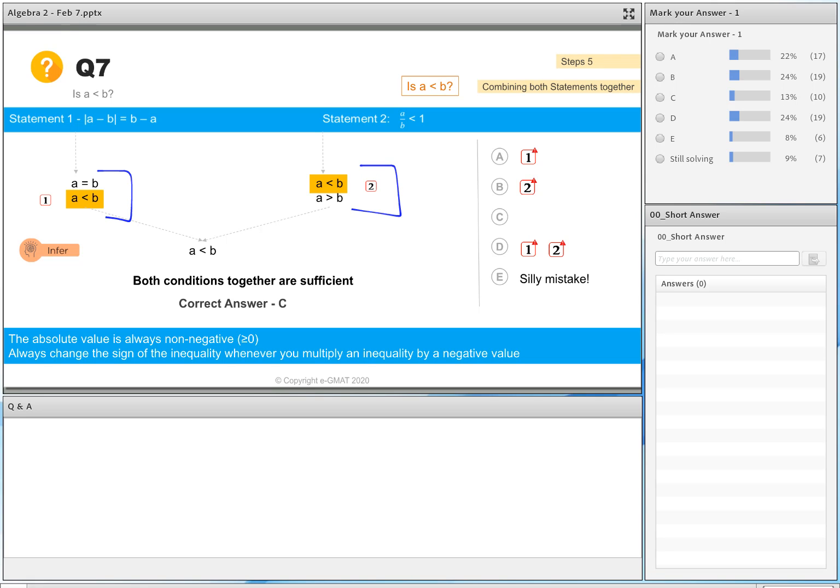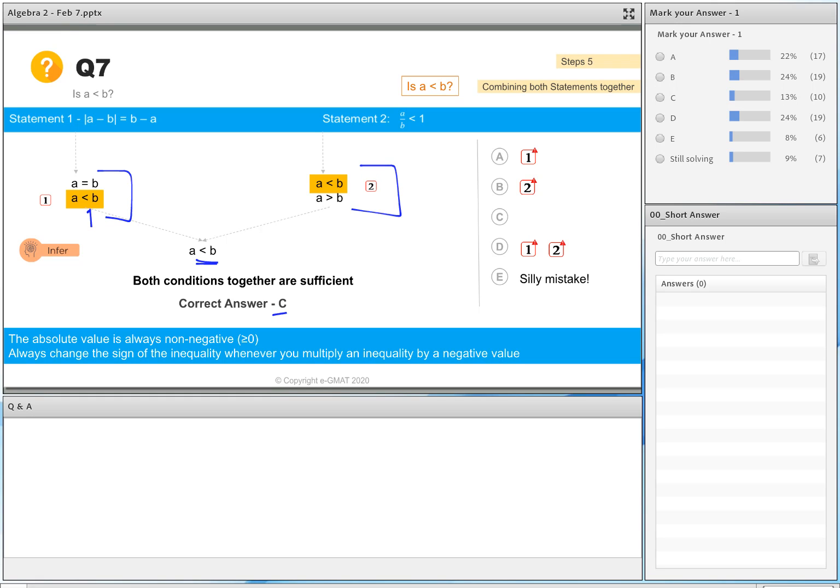When you combine both the statements, which is that common region? The common region is marked in yellow, where we have a less than b in both the analysis of the statements. So since we can answer whether a is less than b or not, the combination of two statements is sufficient to answer this question, which makes choice C the correct answer for this question.